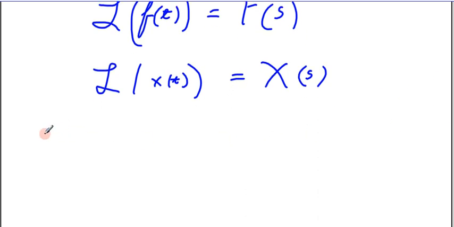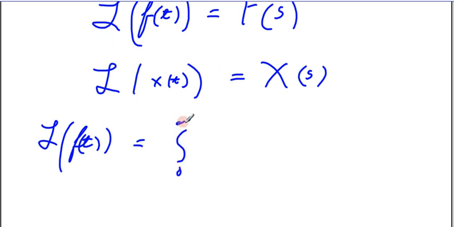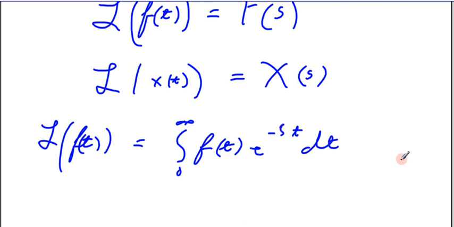And so we have a definition, and it says the Laplace transform of f of t is going to be the integral from 0 to infinity of f of t e to the minus st dt. Okay, that seems like a reasonable thing to do. And as long as this integral converges for some value of s, then everything's fine, and we're all set, and we can do that.